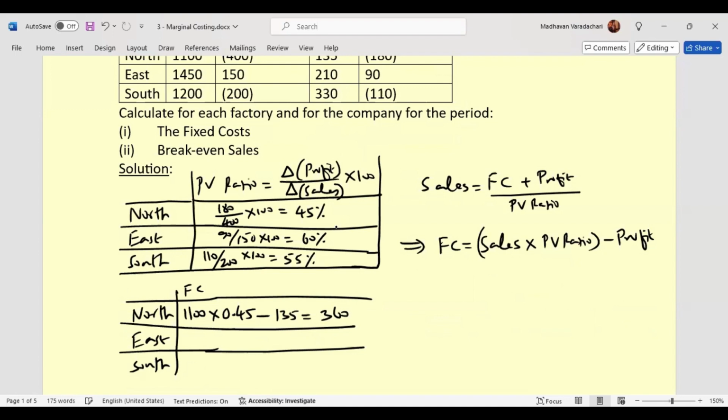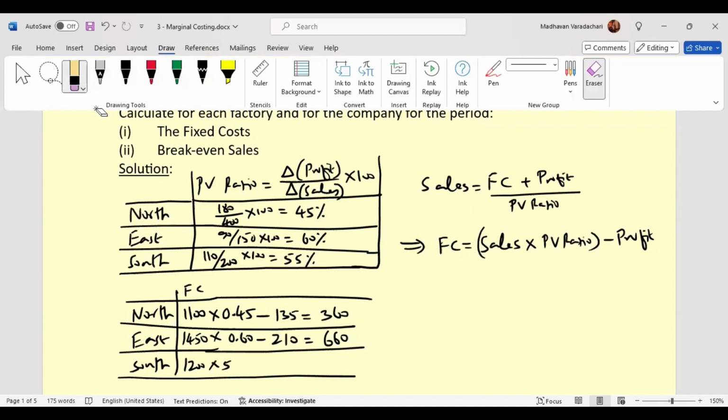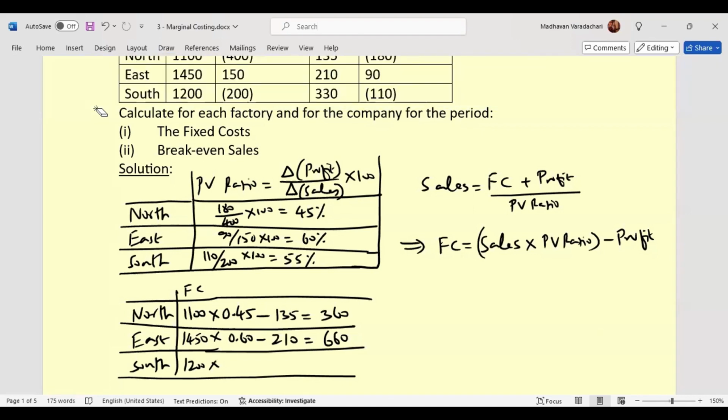The next one, 1450 into 60% minus profit is 210. So that will give us 660. Then for south, 1200 into 0.55 minus profit, which is 330. That will give us 330.